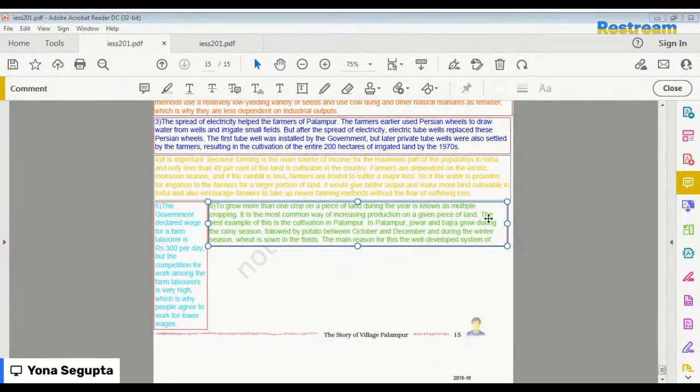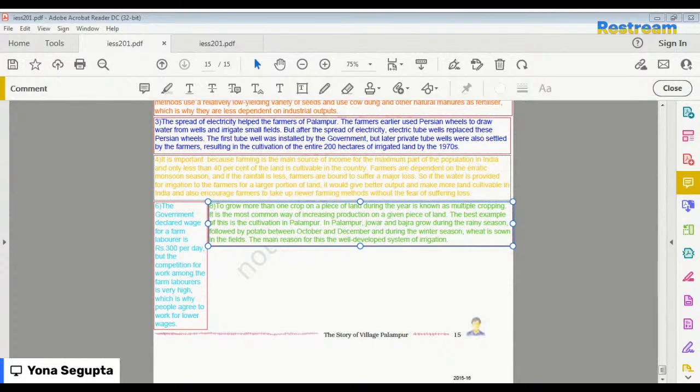We can give some examples too so that it helps. In Palampur, jowar and bajra grew during the rainy season, followed by potato between October and December, and during the winter season, wheat is grown in the fields. And the main reason for this is the well developed system of irrigation. So this is the answer.